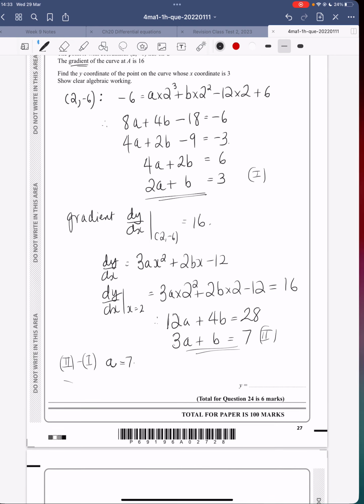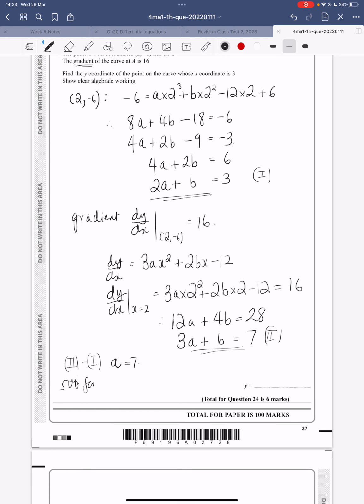Then sub a equals 4 into 1. We get 14 plus b is 3, so therefore b is minus 11.